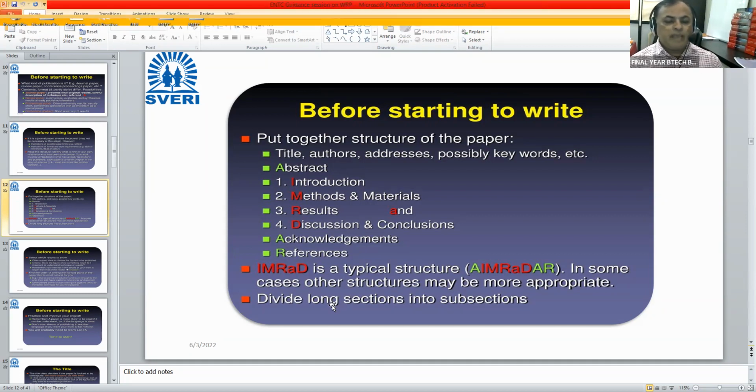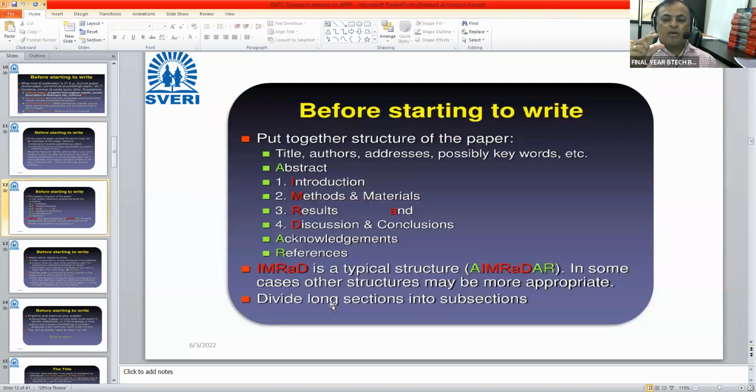Then you have to write down the abstract. While writing the abstract, the words should not be more than 250. So the abstract has to be very specific. The abstract should have a little bit of introduction of your title, then the methodology that is being used, then the results that you have got, and then the conclusion.